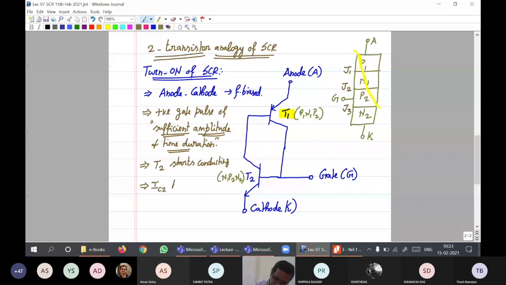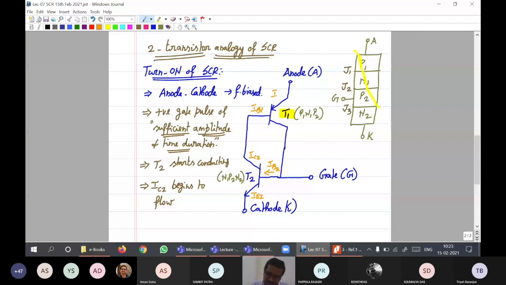Now, what is collector current? We will mark here. This is the base current IB2, this is the emitter current IE2, and this is the collector current IC2. Similarly, this current is IB1, this is emitter current IE1, and this is collector current IC1.